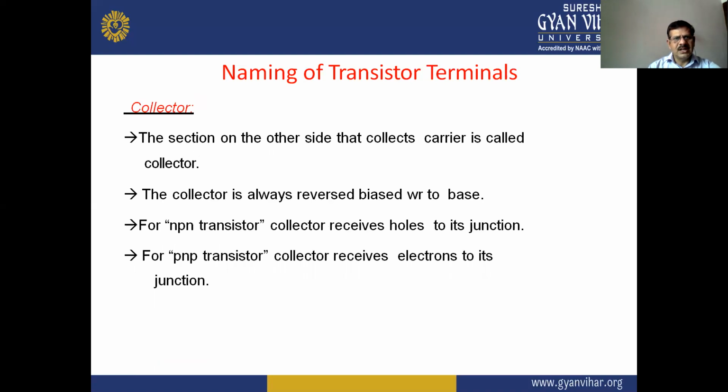The next terminal is the collector. What is the role of the collector in the BJT? The section on the other side that collects carriers is called the collector. The main function of the collector is to collect the carriers that come from the emitter and base.